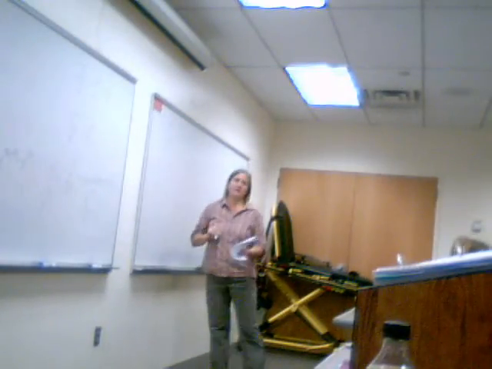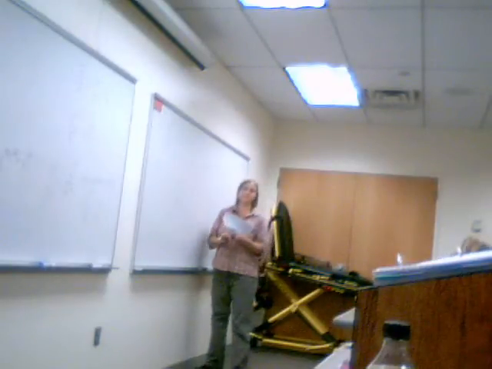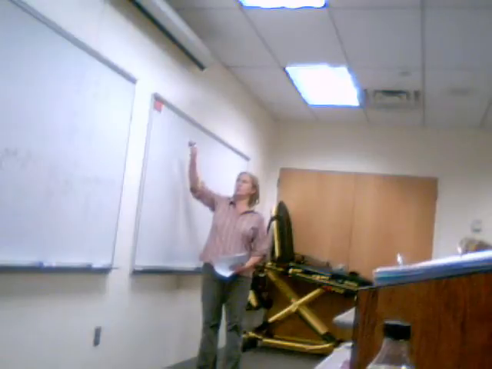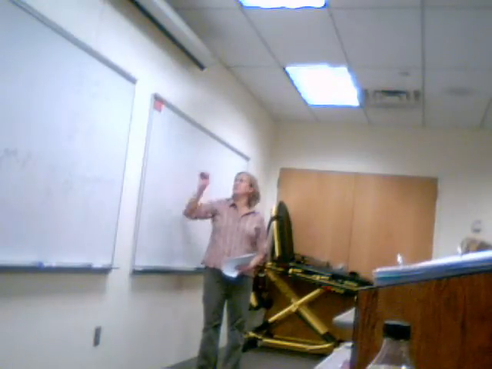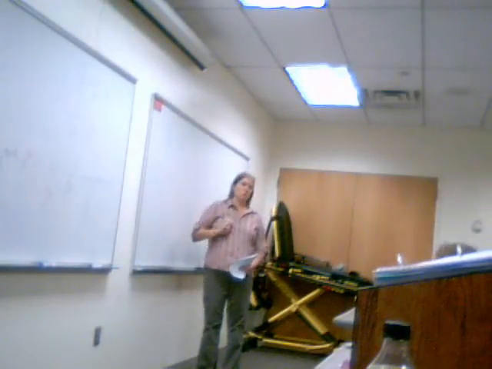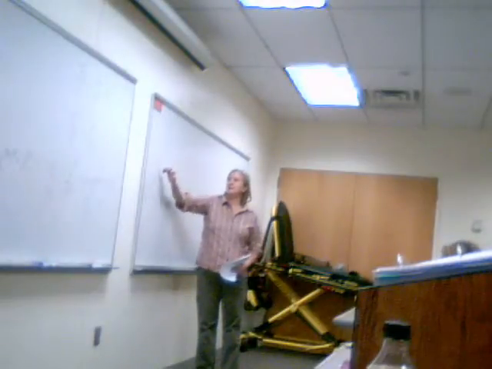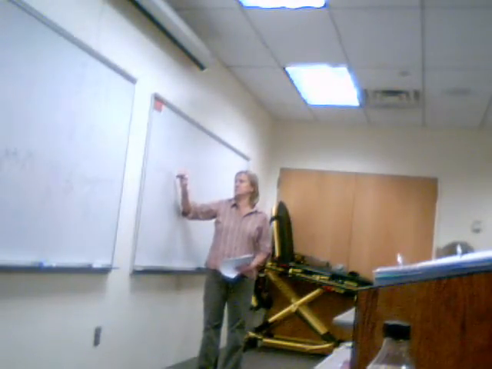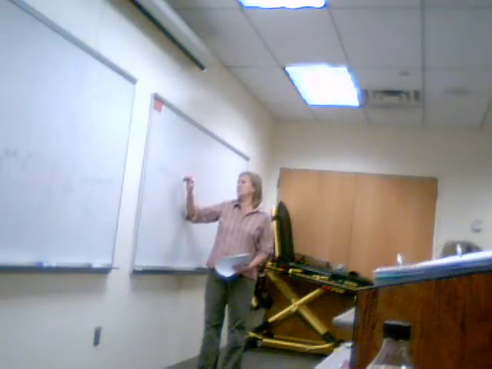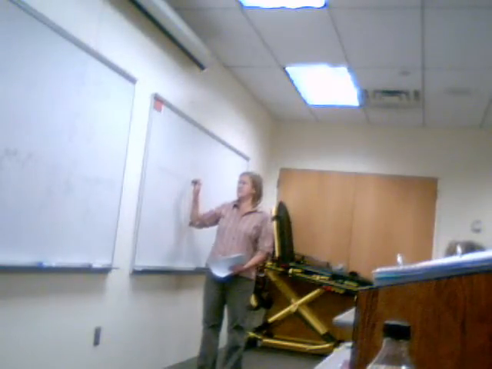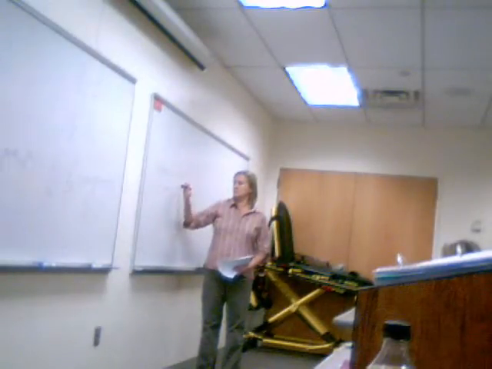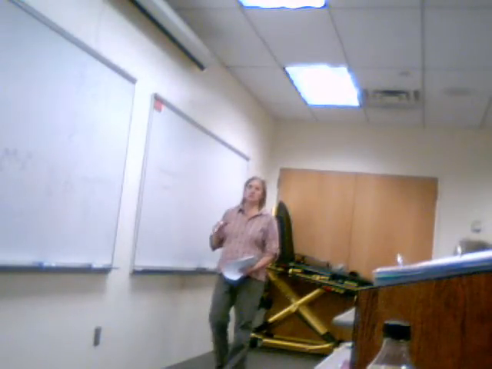x to the 4th divided by x to the 4th. What should that be? 1. It's 1. But look at the math of it. If I said 4 minus 4, it's 0, right? Therefore, it's 1. So anything raised to the 0 power is 1. And that's just an example to show you why.